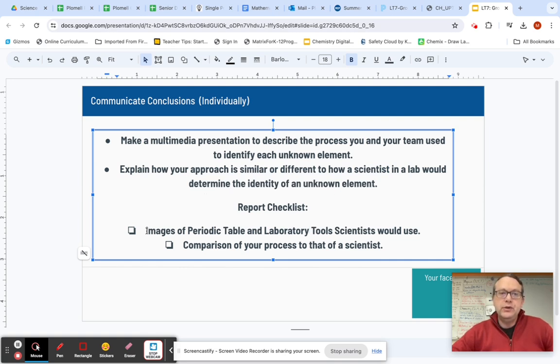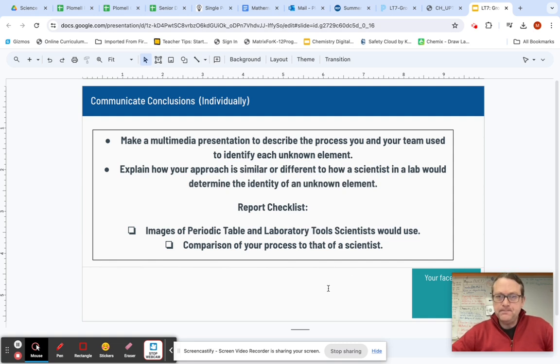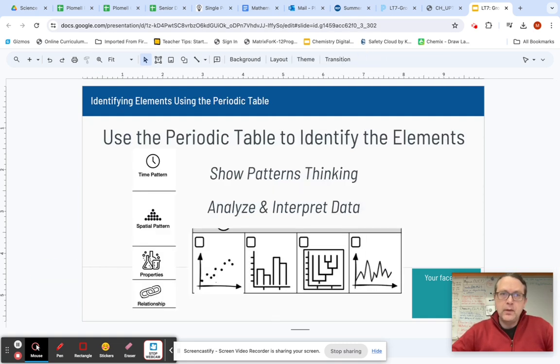Make sure to include images of the periodic table and images of laboratory tools that scientists in an industrial lab would use, and compare that to your process. So, in summary, you're identifying the elements, use the periodic table, make sure you show how you're thinking about patterns.